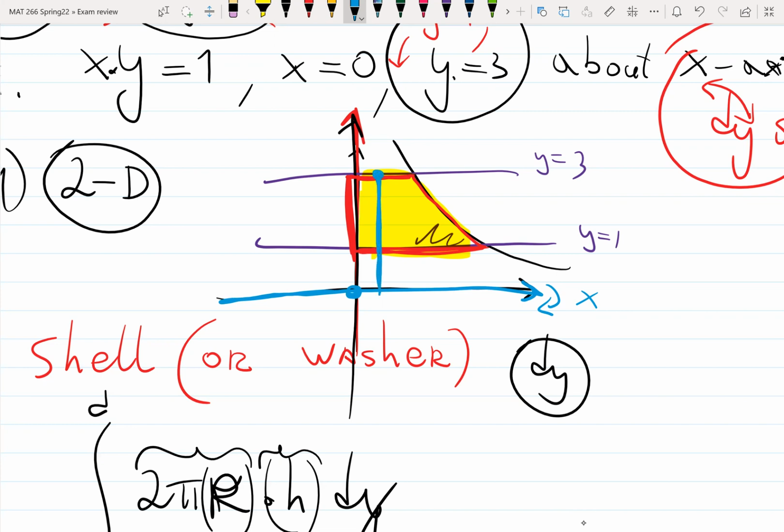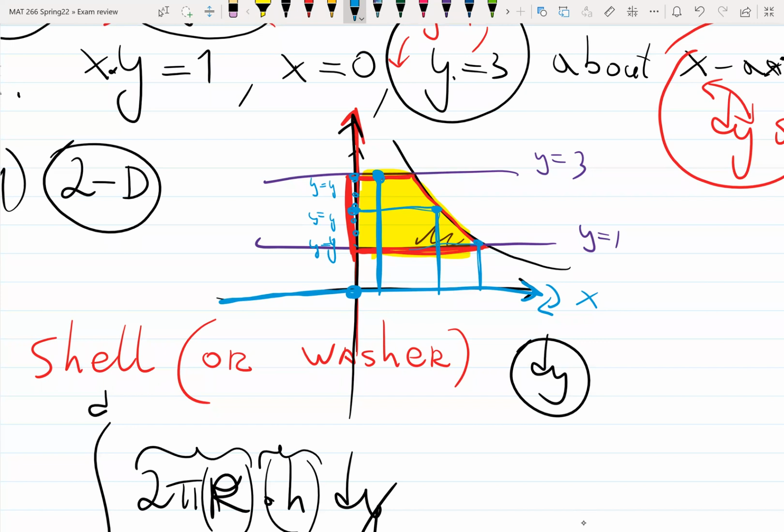Oh, this radius is 3 minus 0, which is 3. What is the radius over here? Oh, this radius is this point minus 0, which is still this point, so it will also be y. What is the radius over here? Oh, this radius is 1 minus 0. So technically speaking, it's just different y's.